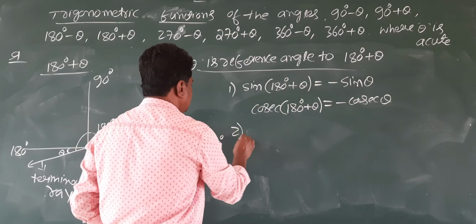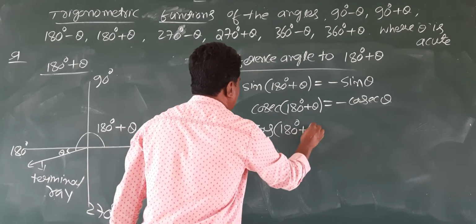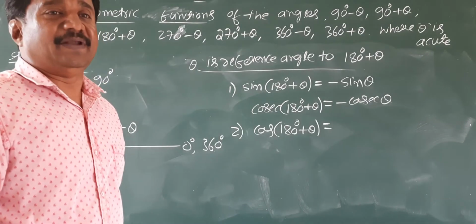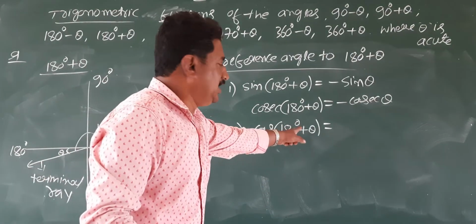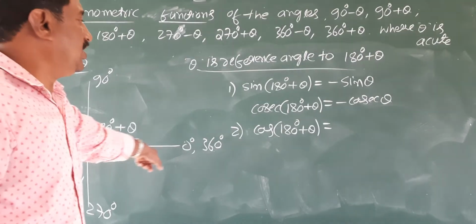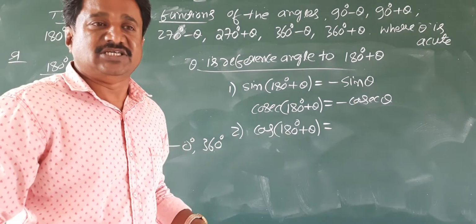Second one, cos 180 degree plus theta. Which quadrant is that? Third quadrant. In the third quadrant, all cos values must be negative according to ASTC.